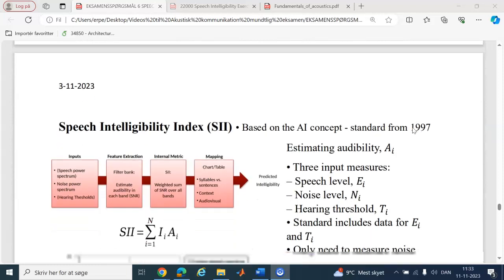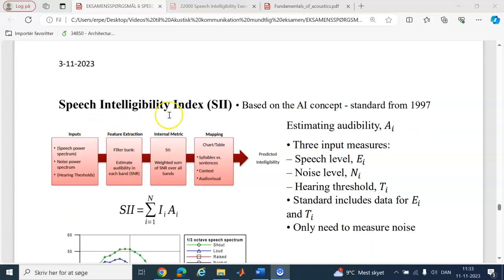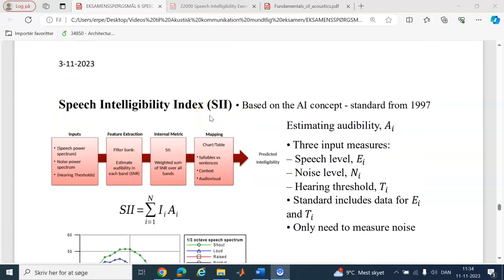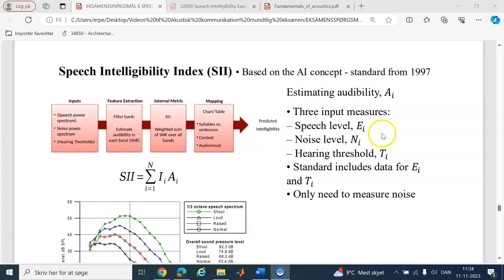Then we have the speech intelligibility index. It's based on AI concepts, estimating audibility, A index I, with 3 inputs: measured speech level, noise level, and hearing threshold.